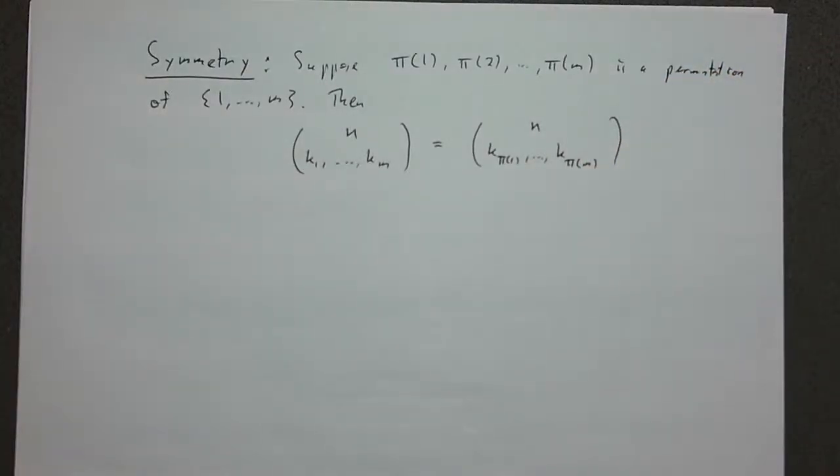Okay, again, think about why this symmetry exists. This was an easier statement to make for the binomial coefficient because there's less going on, but think about why this has to be true for the multinomial coefficient as well. Think about what shuffling the labeling of the boxes does to what's going on. Okay.